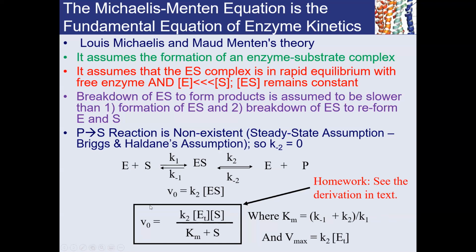If you don't know the derivations, that's fine for this class, but the values of these parameters are very important. k2, because it is the rate constant for the slowest step, is also known as kcat. Sometimes people refer to it that way. So k2 is kcat here. You should know what Km is, what Vmax is, and what kcat is, and what Km and Vmax are made up of.